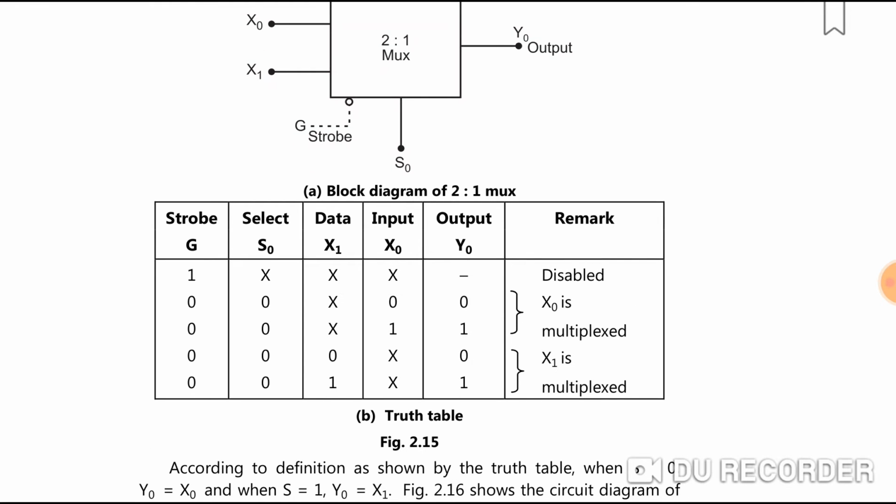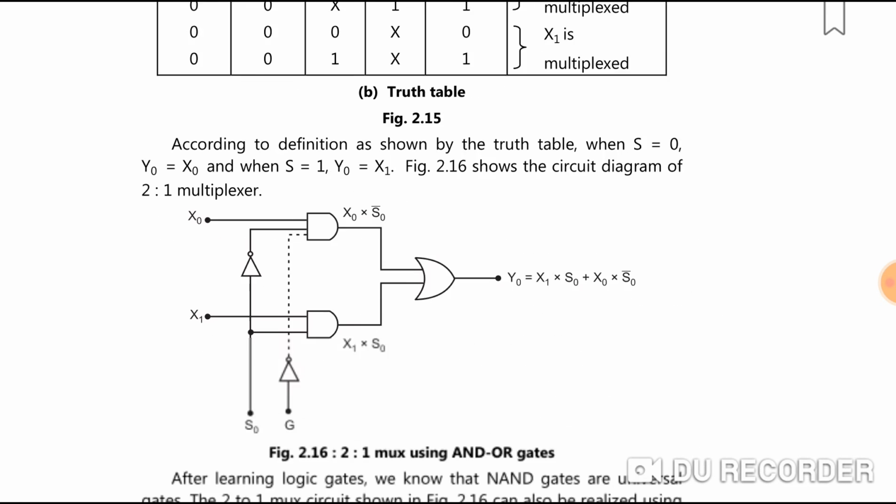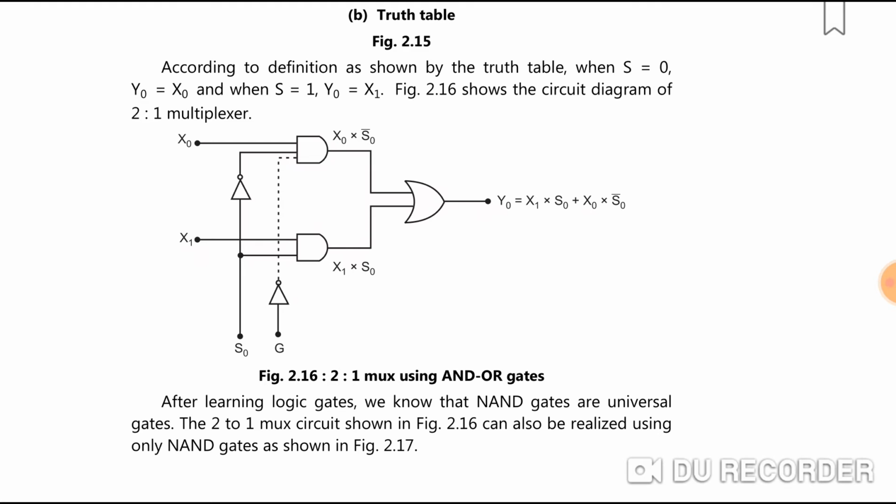Output is 1. So here X1 is multiplexed. Okay. So according to the definition as shown by the truth table, when S0 is 0, Y is X0, whereas when S0 is 1, Y is X1.